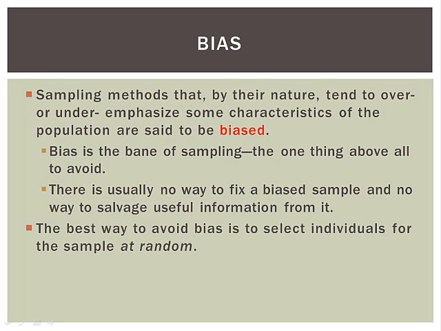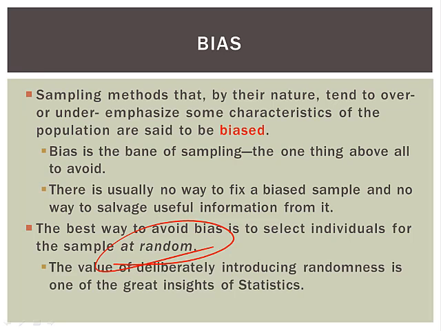And the best way to avoid the bias is to select individuals for the sample at random. That is going to be key for the entire class, that we are going to be taking random samples. The value of deliberately introducing randomness is one of the greatest insights of statistics, and we will discover that throughout this course.